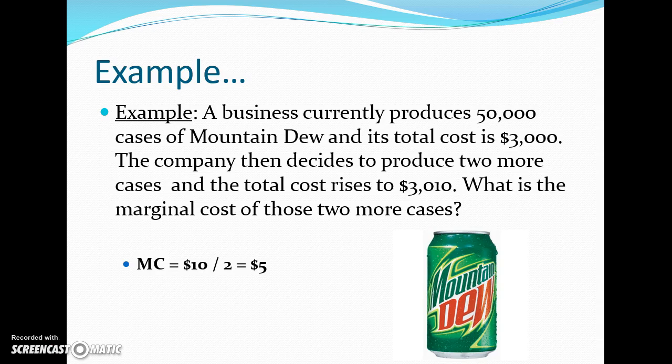So the change in cost is $10. Okay, so $3,010 minus $3,000, you have $10 divided by the two more cases that we produce equals $5. So each of those cases cost us $5.